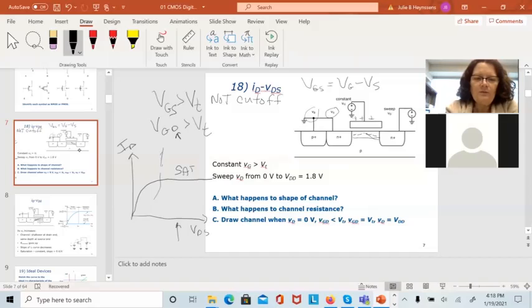So when VGD is big, I'm actually in triode. And in triode, I have a channel across both sides. The current acts like a resistor at that point. As the voltage increases, the current increases.